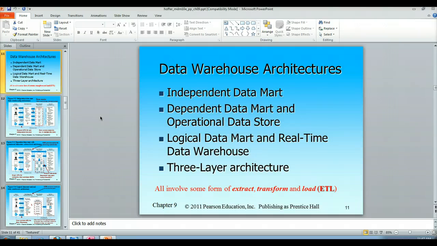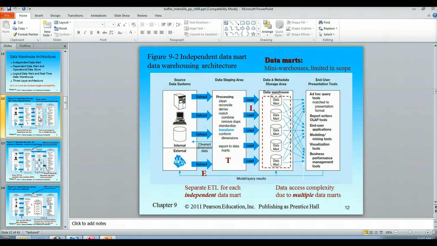So let's take a look at what an independent data mart looks like. In this case, we've got our source data systems, and again, that can be very, very disparate. What happens is we extract the information from all of these disparate data systems, and we move it to a data staging area. And this is where the transformation happens, right?